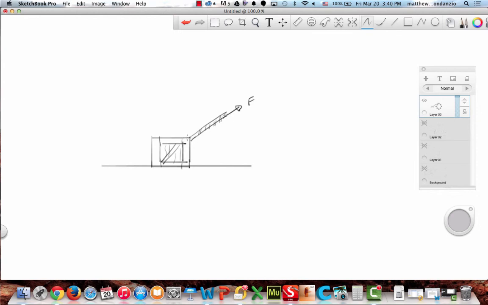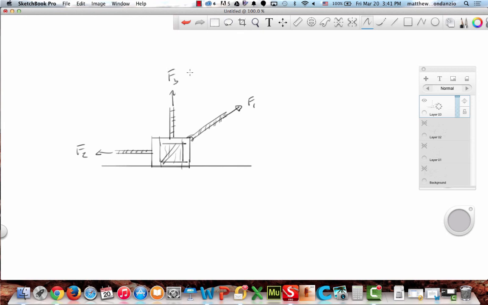There's a rope, and there's a rope here. Here's force 1, here's force 2. And what's the end goal? The end goal is to figure out the final motion, the final velocity, the final motion direction.